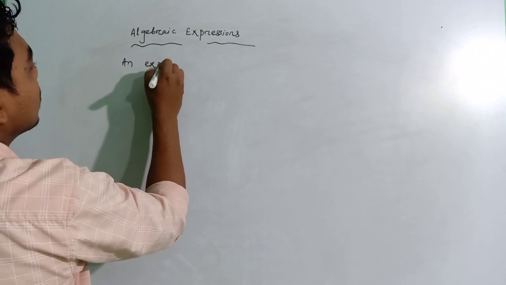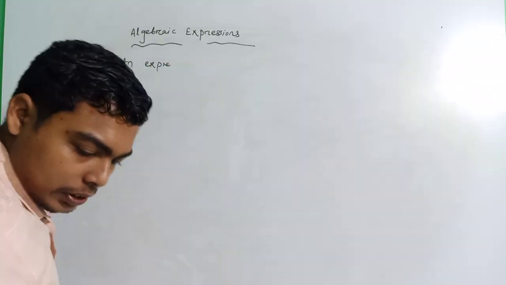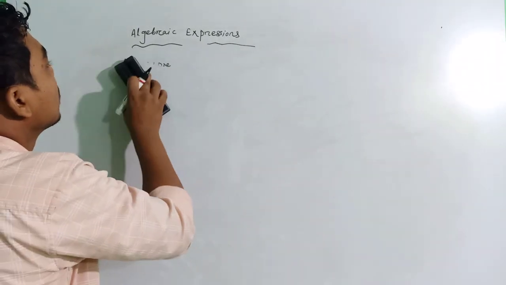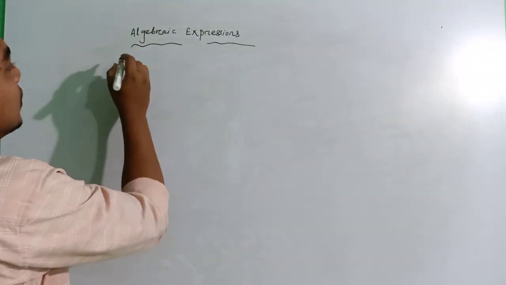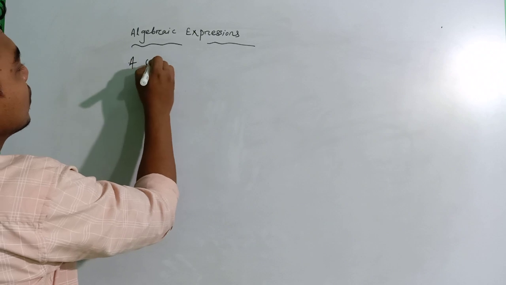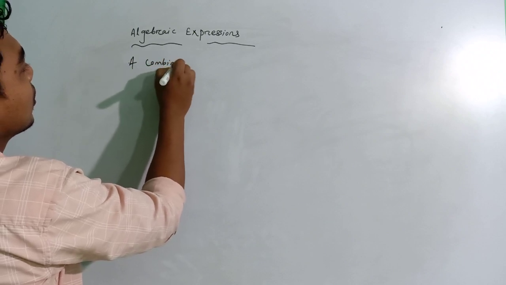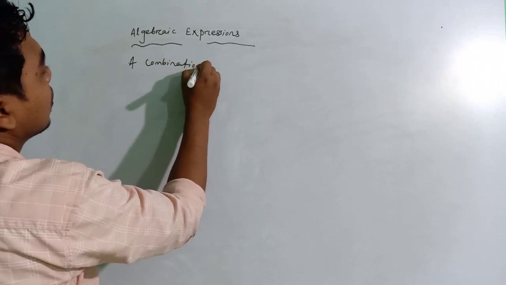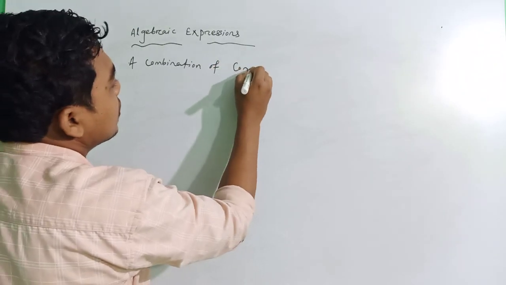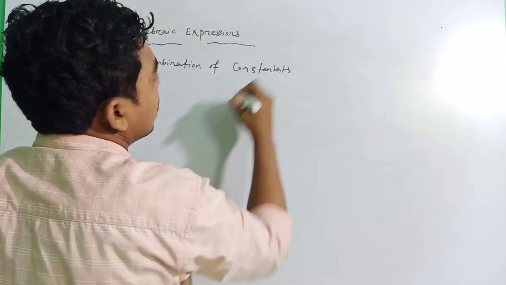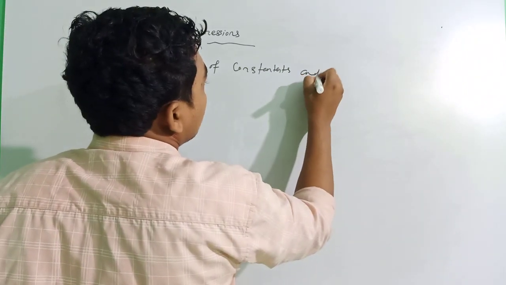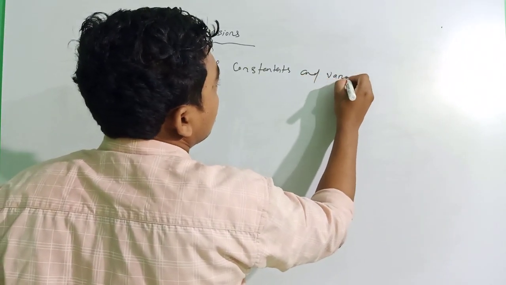An expression. What is an algebraic expression? That means a combination of constants and variables.